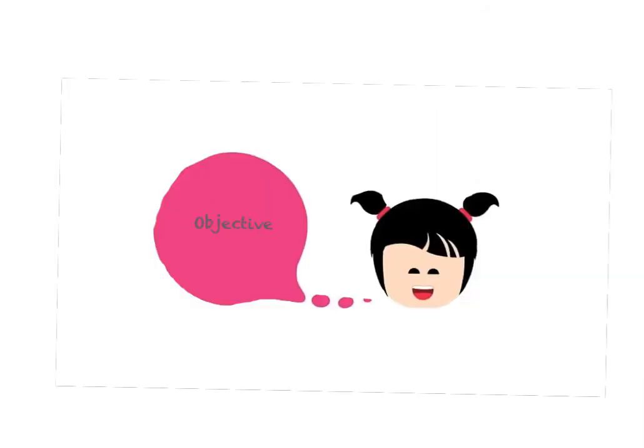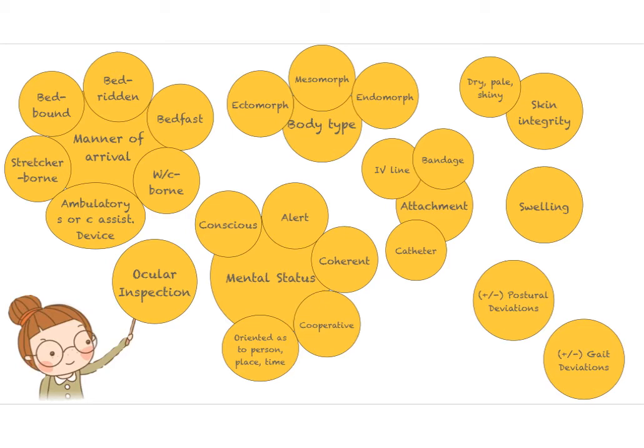Okay, after the subjective part, we now go to the next major heading, the objective part. Okay, so what are the different subheadings that we will expect under the objective heading?